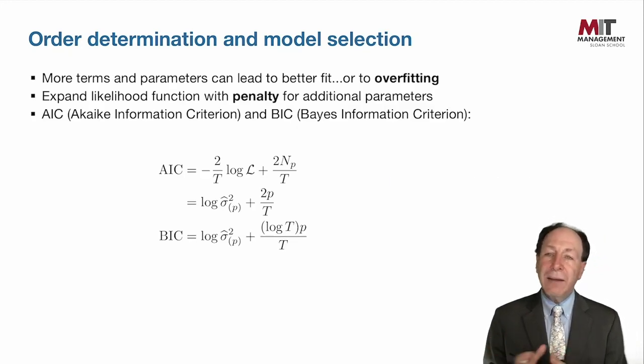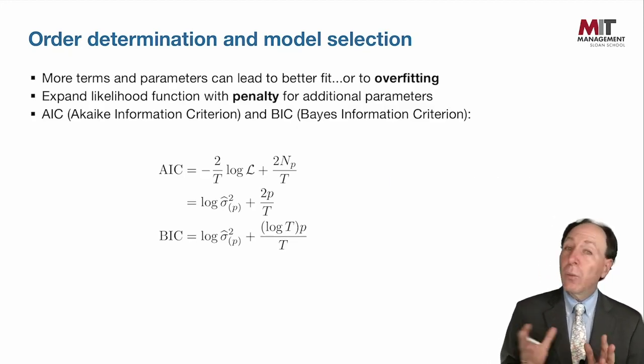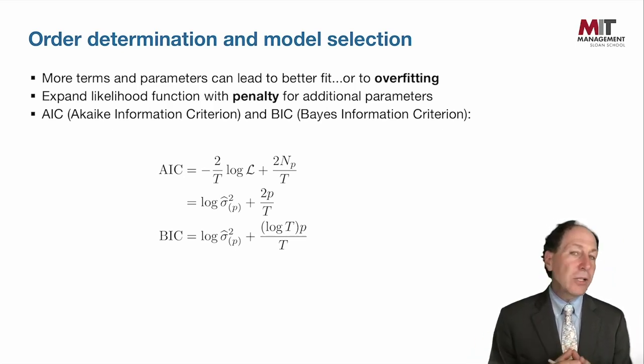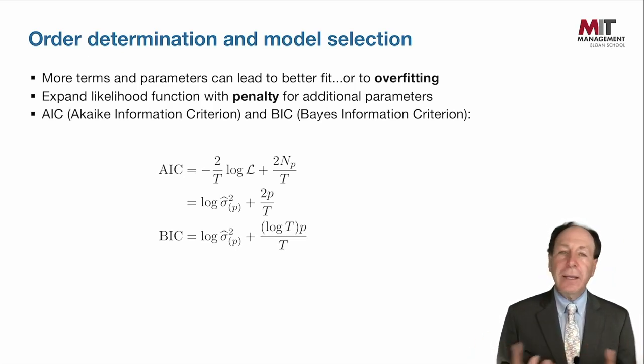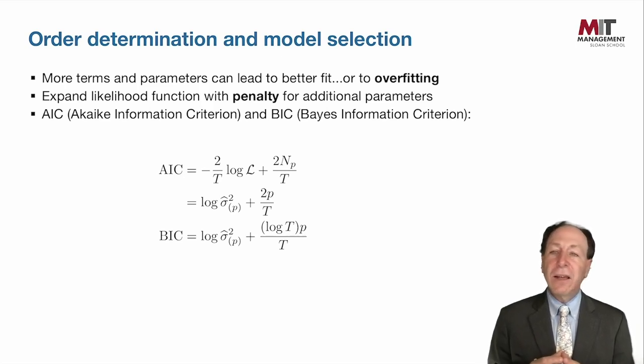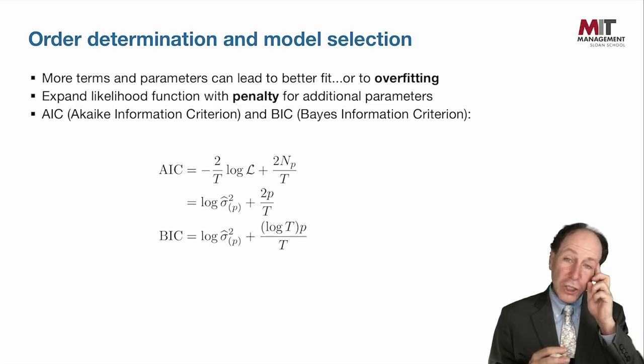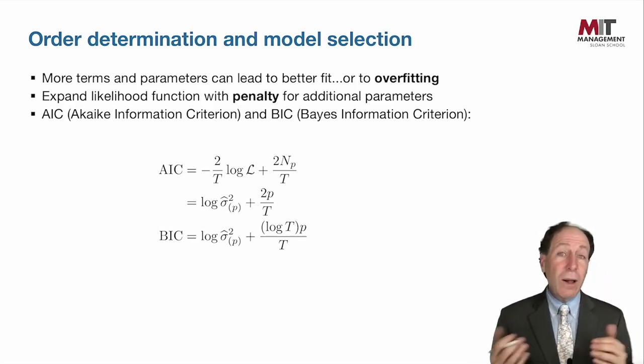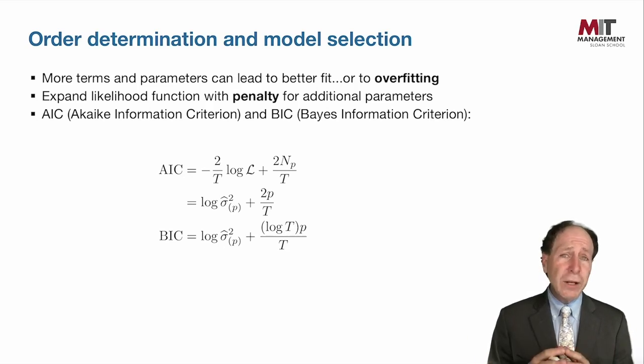Now, when we add more terms and more parameters, we can improve things by getting a better fit, or it may lead to overfitting. So typically, this is an old story in statistics. We want to expand the likelihood function with a penalty for additional parameters, because we like to say that if you can have the same quality of fit with different numbers of terms or different parameters, we'd rather have fewer.